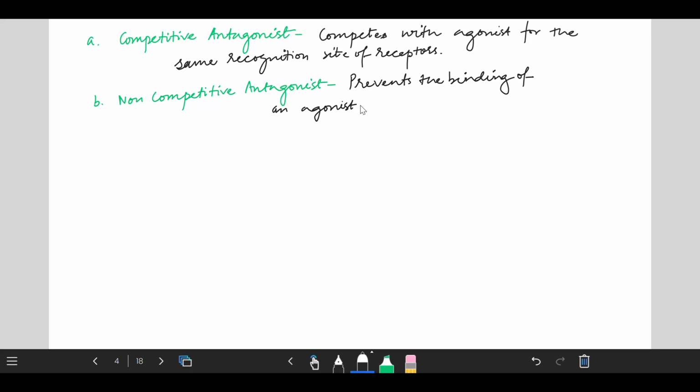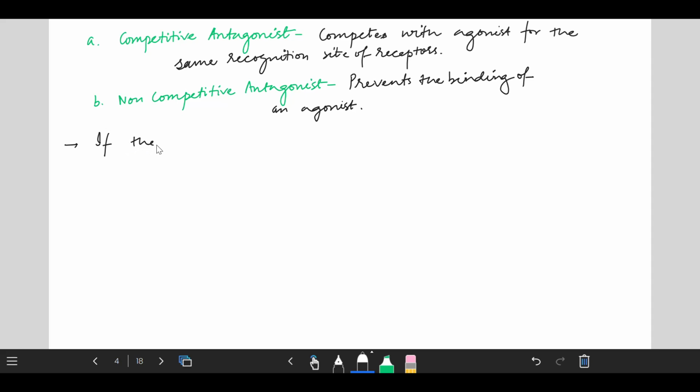If there is a ligand that takes part in non-receptor mediated action, how will it act? Actually, it can act chemically with the agonist by staying away from the receptor. It obviously interacts with the agonist, but by staying away from the receptor. Or it can act physiologically by acting on a different receptor to induce the opposite action, or it can activate an enzyme.